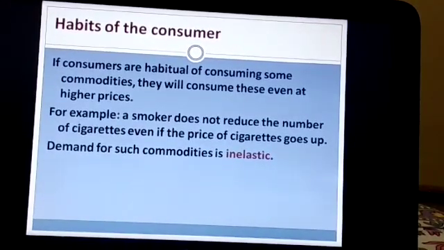Now, moving on to the point, habits of the consumer. Take the example of diabetic patients, who are habituated to insulin. The price of insulin may decrease or increase, the demand will not change; in other words, the demand will be inelastic.